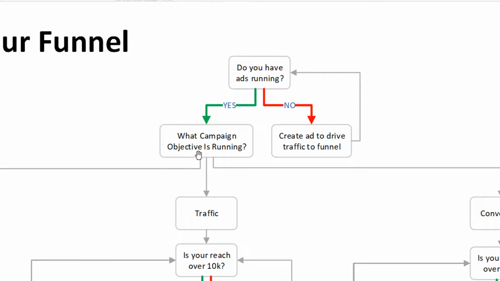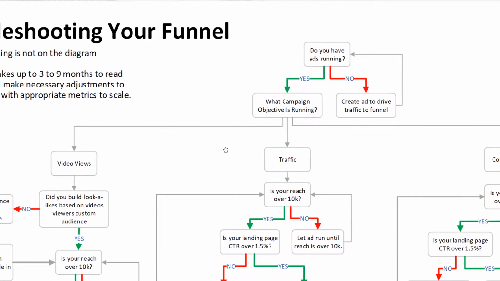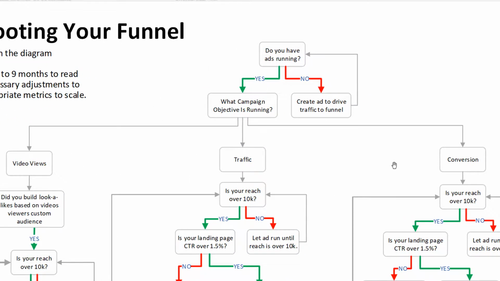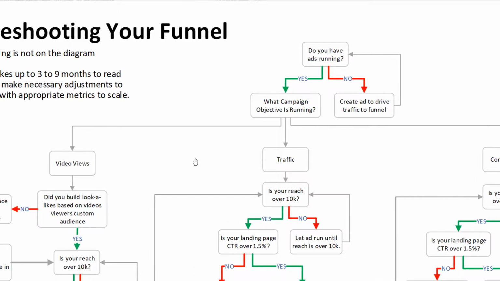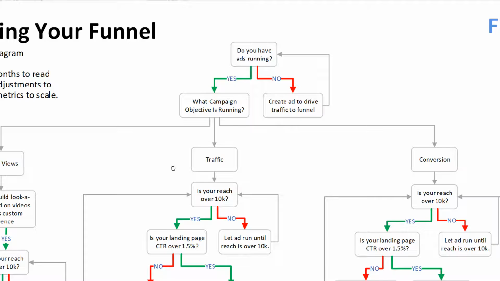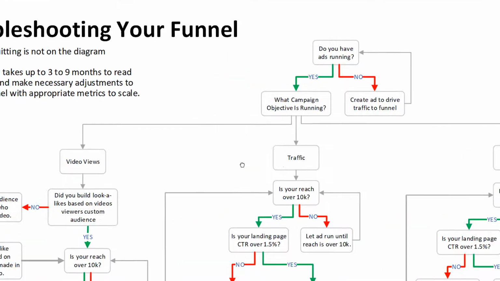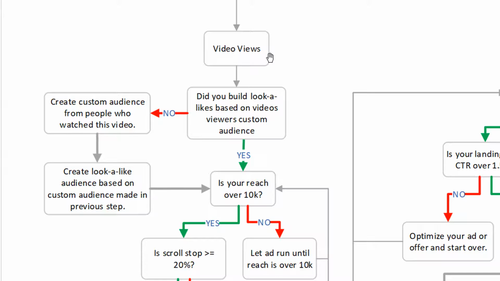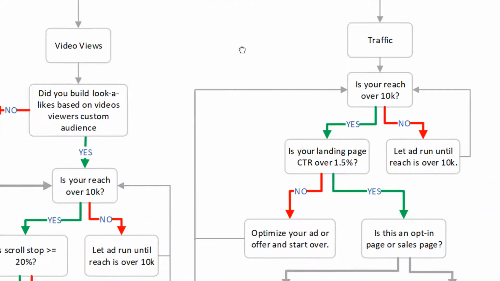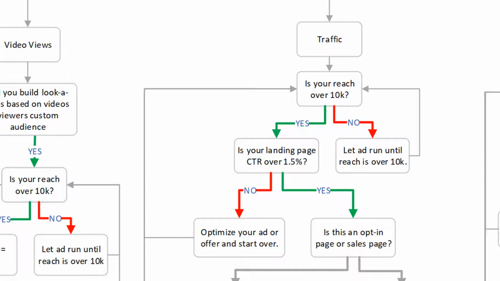Yes. What campaign objective are you running, right? Are you running video views, traffic, or conversion, right? And you need to know why you're running video views, traffic, conversion, or engagement, why you're running those particular objectives. Now, if you're running video views, you're most likely doing it to raise awareness, to build up your custom audience, and eventually build up a lookalike audience that you can then use for traffic or for your conversion events, right?